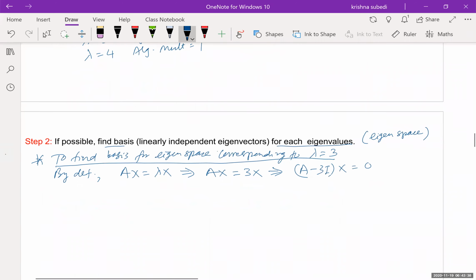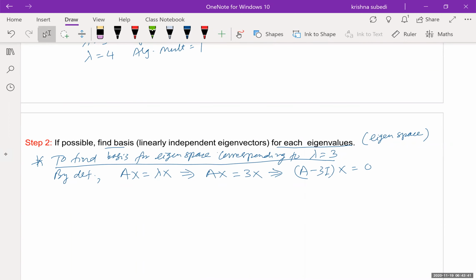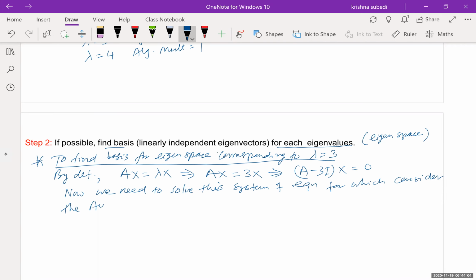I think we have done that in our last class as well. It's pretty much the same thing. So now we need to solve this system of equations, for which consider the augmented matrix A minus 3I and 0.